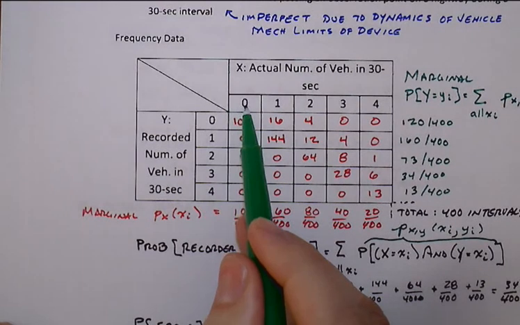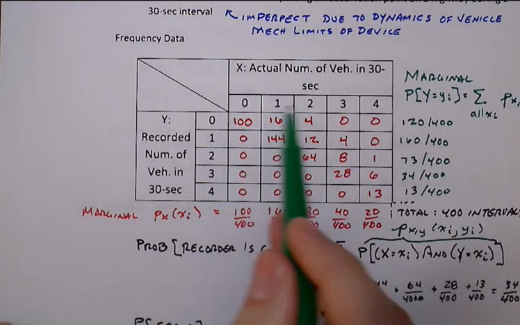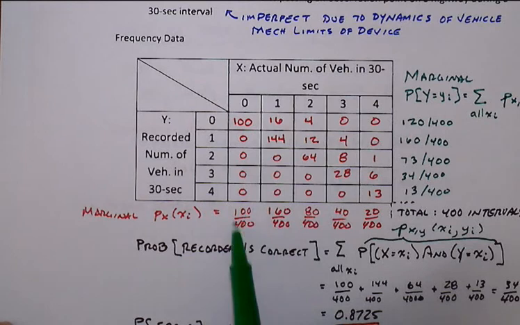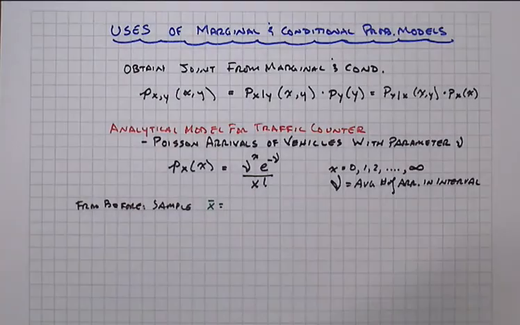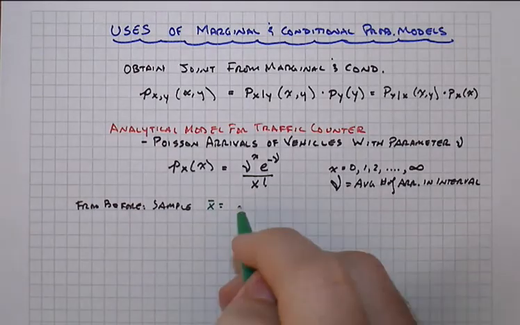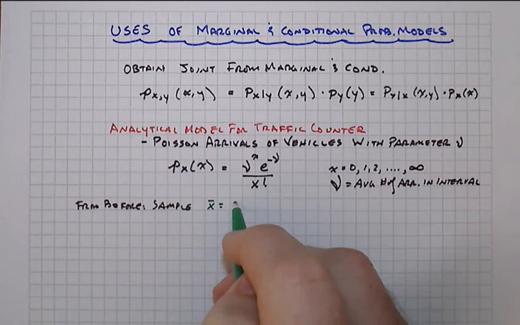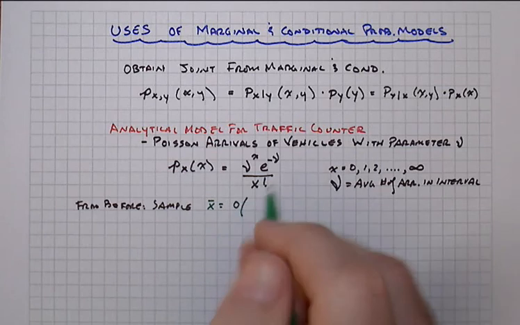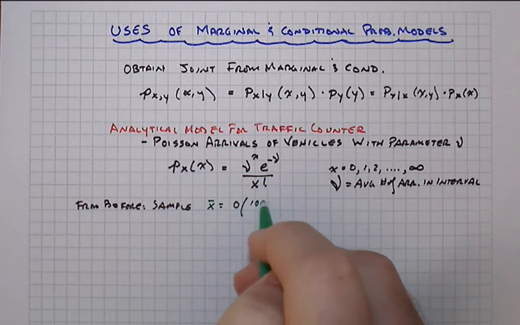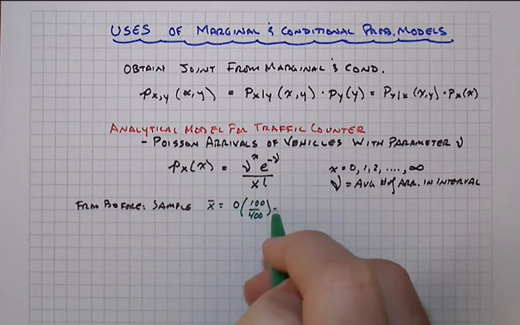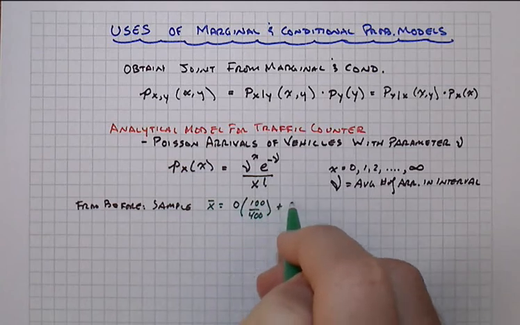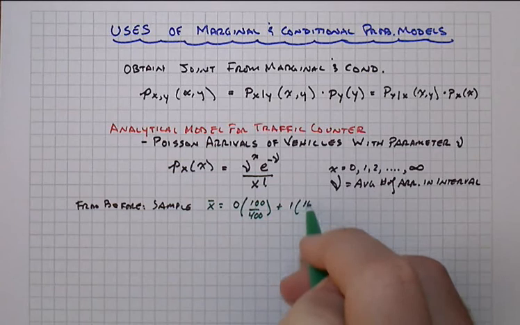We had observed values of 0, 1, 2, 3, and 4, and we had these proportions. Here are our marginal values that we came out with for each one of those x's. So keep that in mind as we write down the following for our average. We had 0 vehicles show up 100 out of 400 times. We had 1 vehicle show up 160 out of those 400.